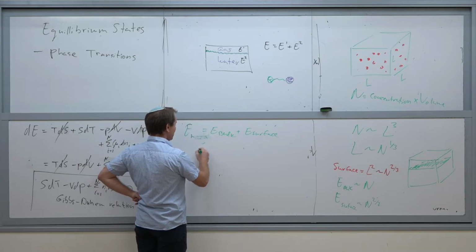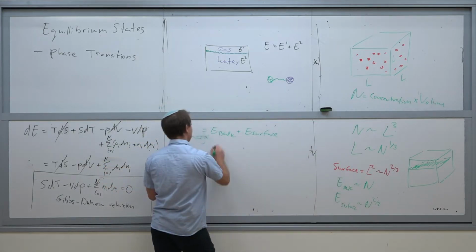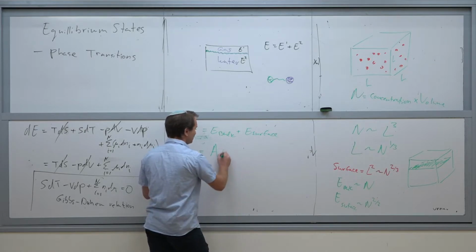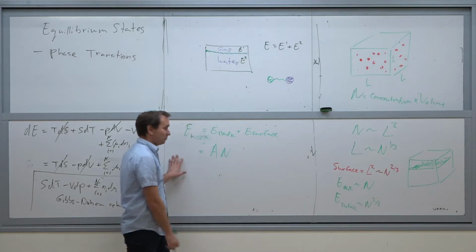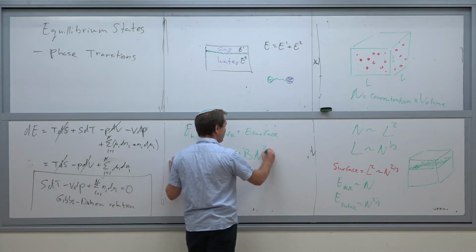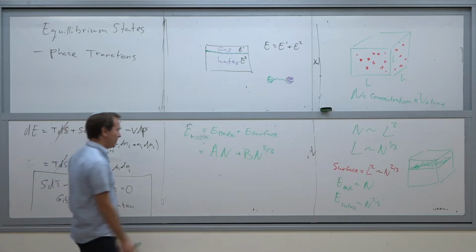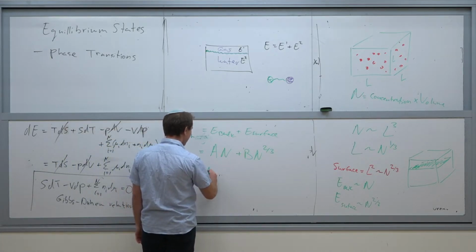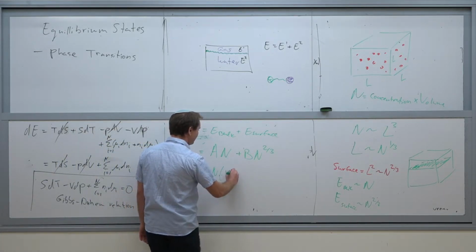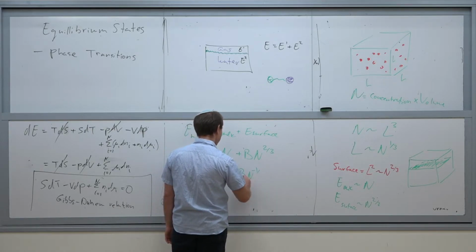So we can say E bulk is some constant A multiplied by n. And here I will have some additional constant times n to 2/3. Let's get n out of the picture. So I have A n times 1 plus b divided by a, n to the 1/3.